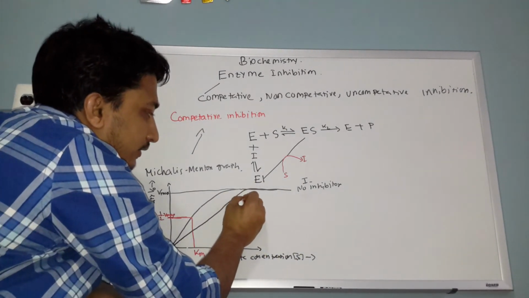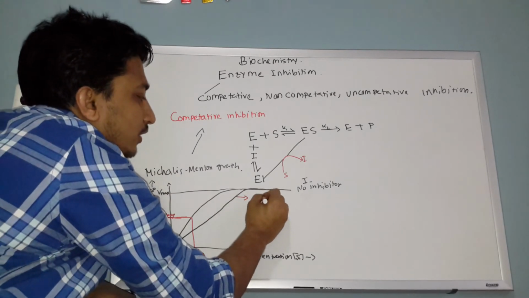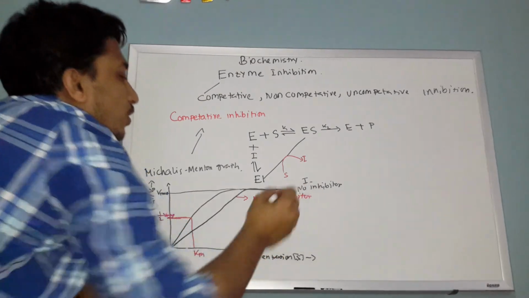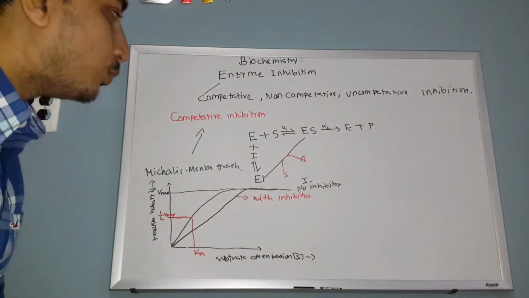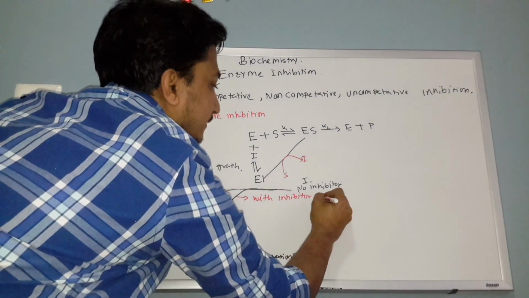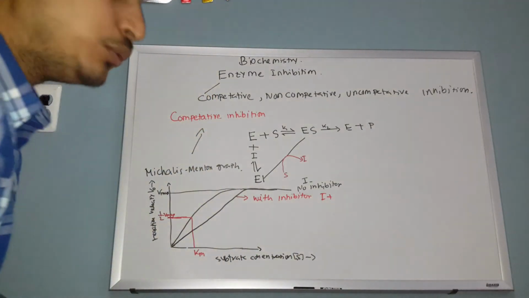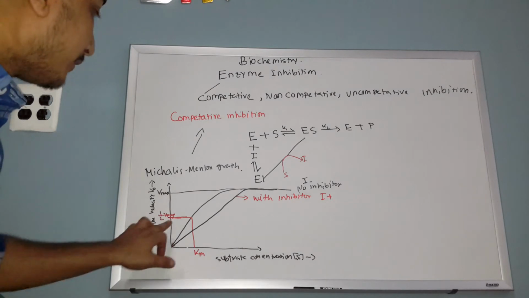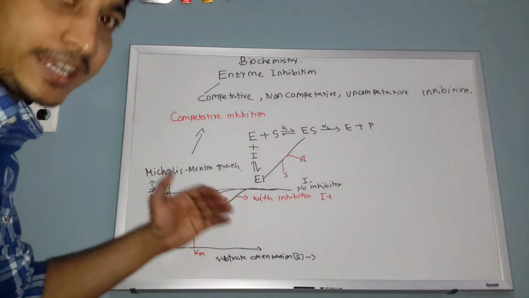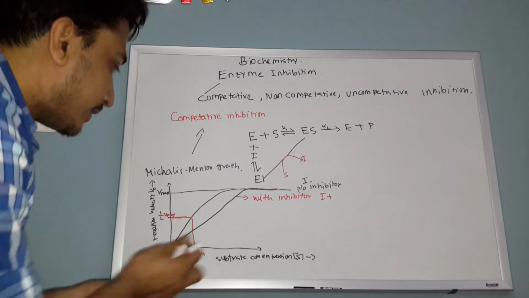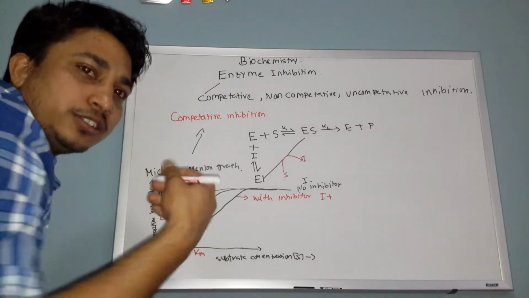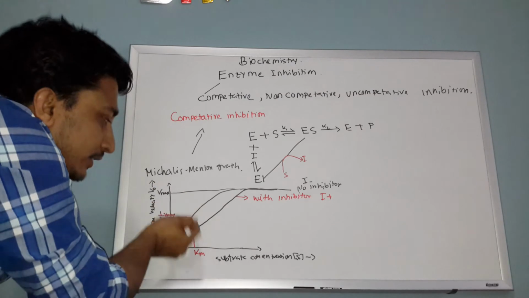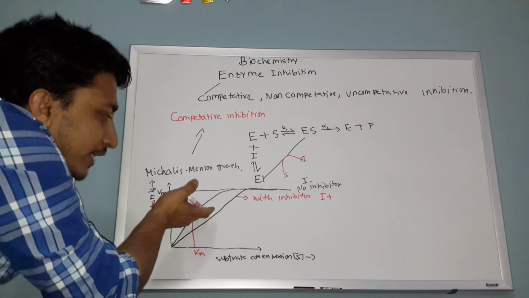This one is with inhibitor. With inhibitor you can write I plus. And always remember, the first one has the higher velocity. This one does not have that much speed, that much velocity, so this second curve is obviously going to be lower than the first curve.